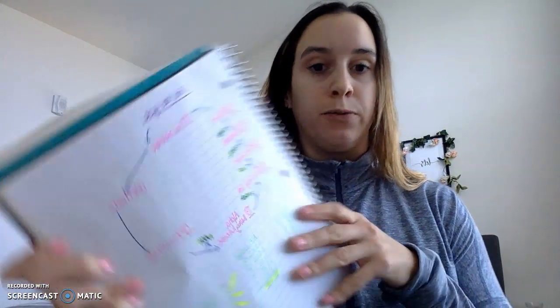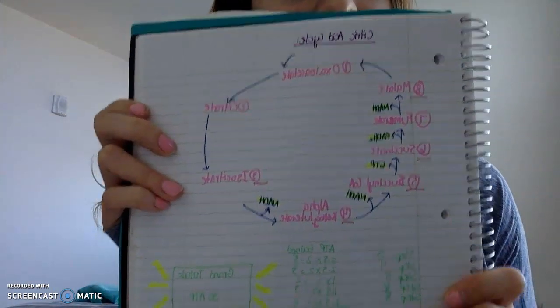And then from there, we go to the citric acid cycle. It's also known as the TCA cycle, or the Krebs cycle as well, and it's a series of chemical reactions used by all aerobic organisms to release stored energy through the oxidation of acetyl-CoA derived from carbohydrates, fats, and proteins into ATP.